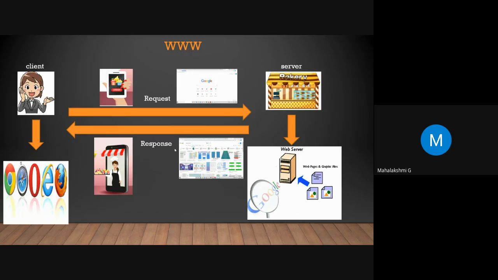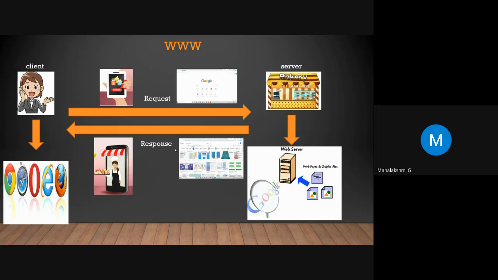So this is the operation done by the WWW. That is what we call the architecture, where we have a client and a server, and the client sends a request to the server. The server will find the corresponding document and send it back to the client.